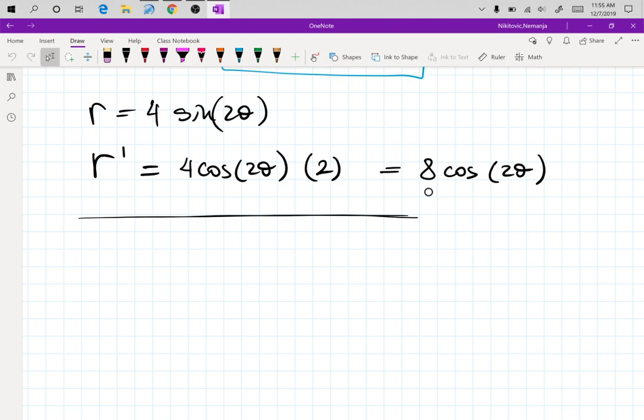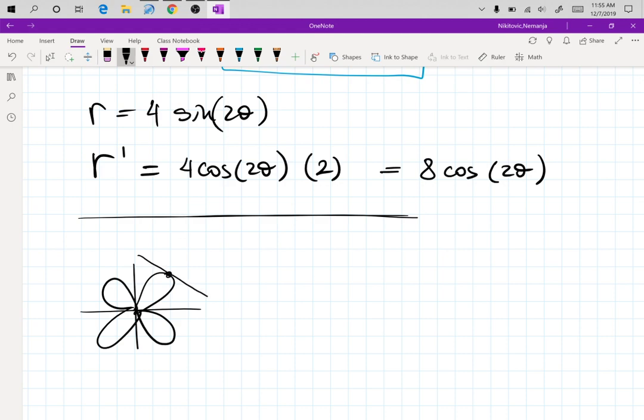So I have a flower, let's say, and I want to know the tangent line there. Well, in order to come up with a tangent line, y equals mx plus b, we need to calculate our slope.